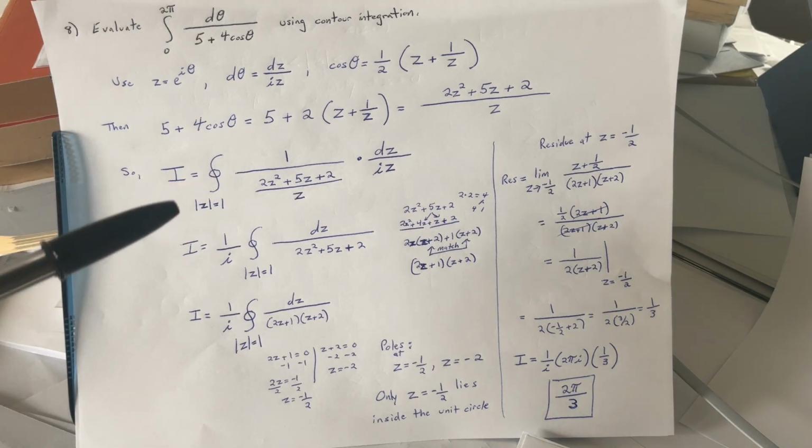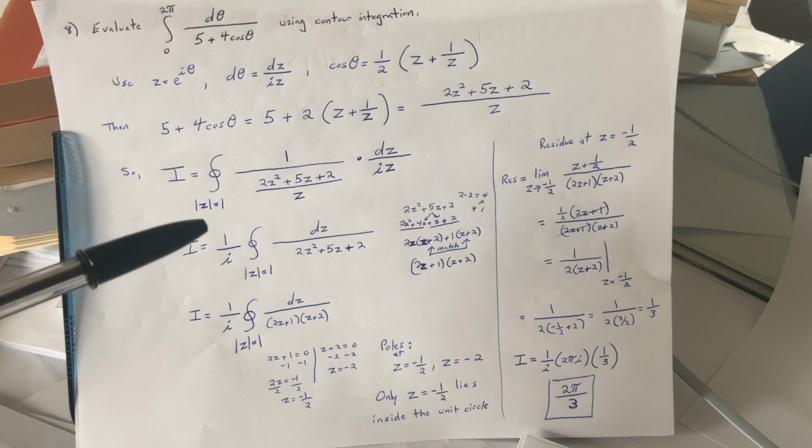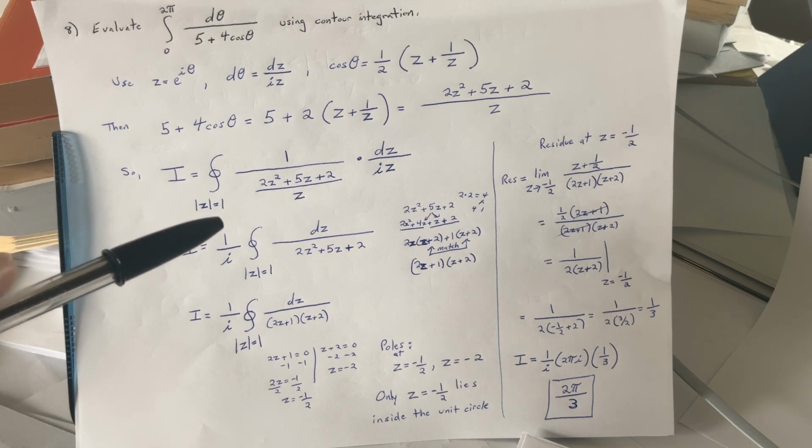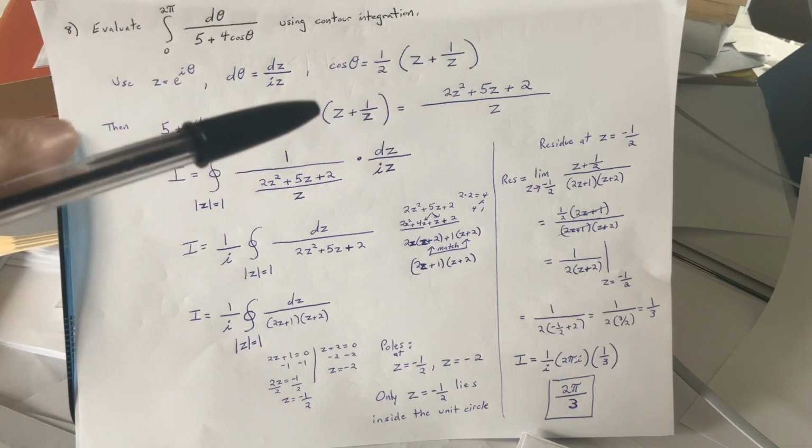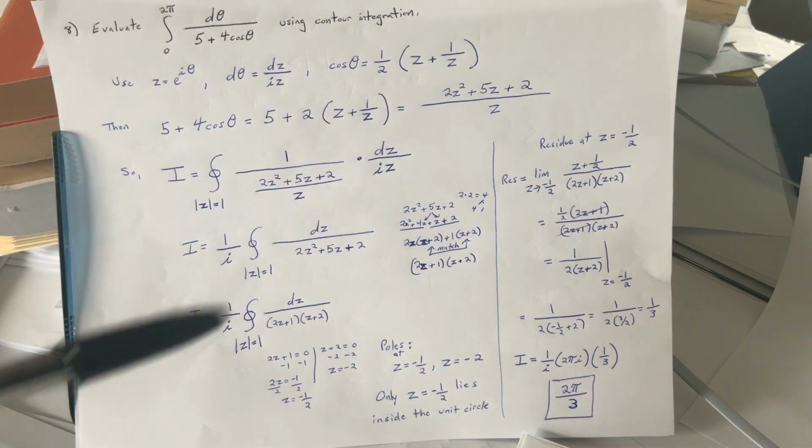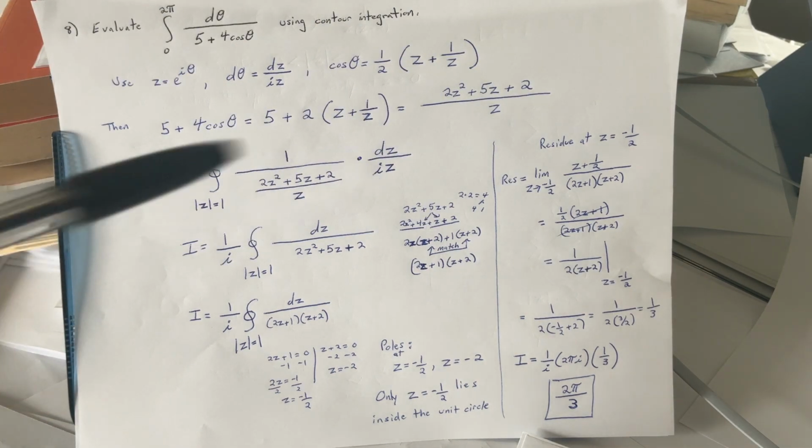Okay, so we have our contour we're integrating over. So we have I equals the integral over modulus of z equals 1 of 1 over this times dz over iz, right?